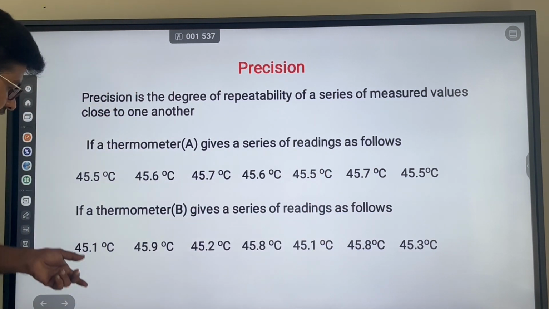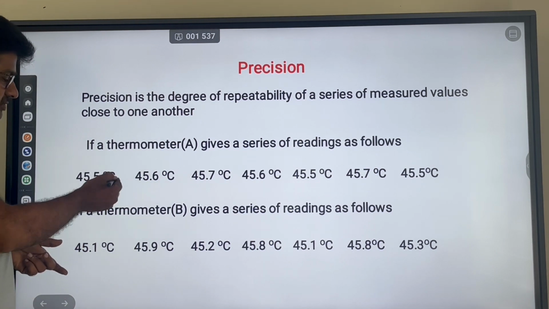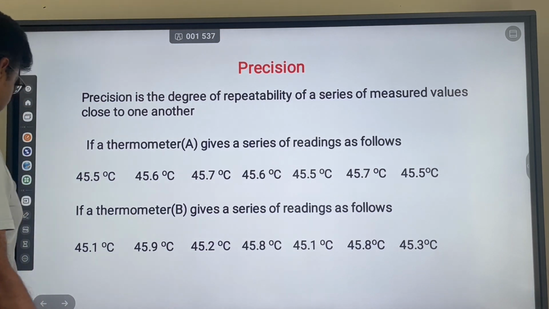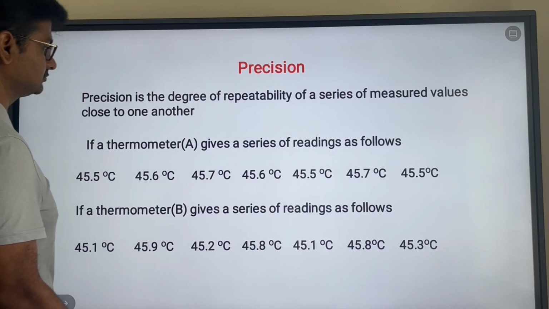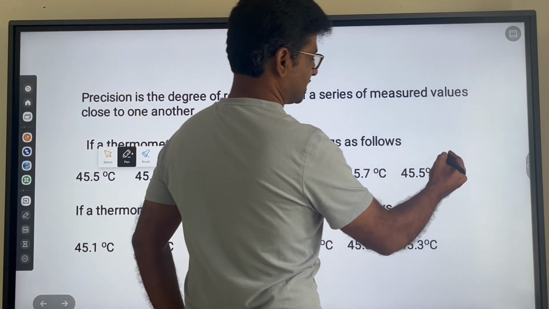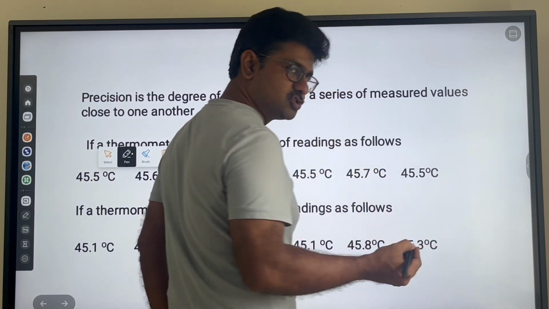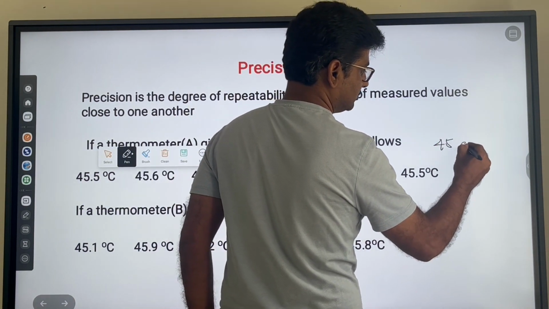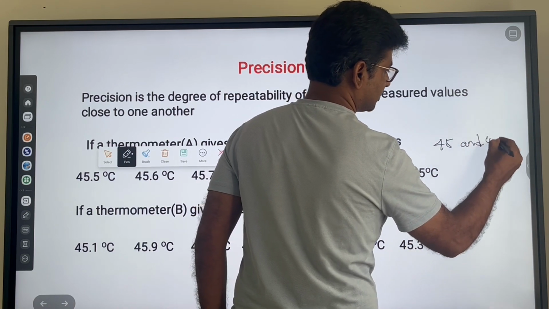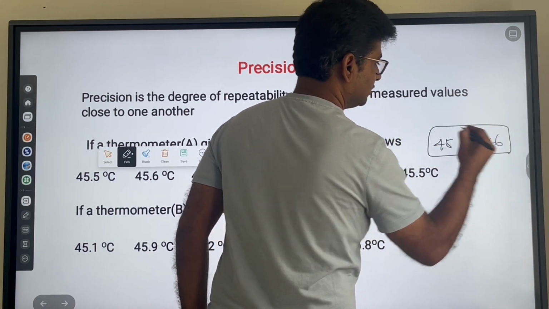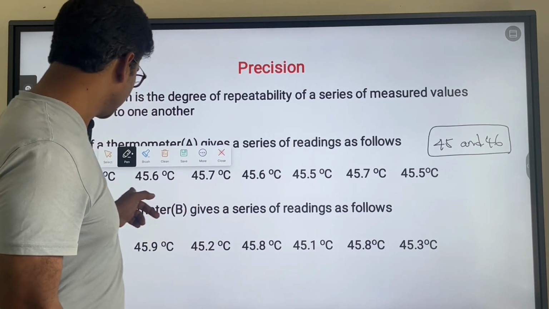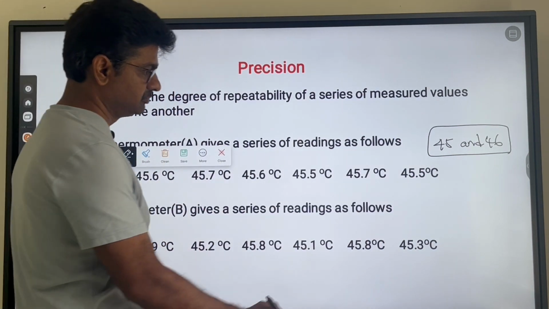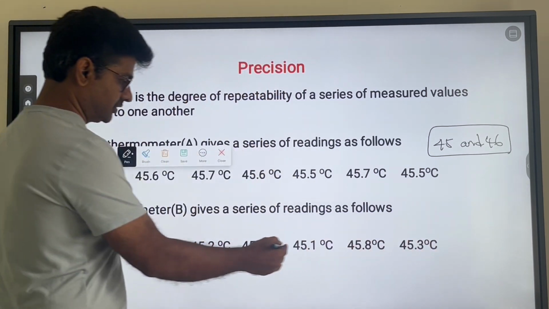Now suppose the value is acceptable, that is, your measuring instrument is accurate, if your values are between 45 and 46. If you look at this, all are between these two. Similarly, this one is also between 45 and 46.